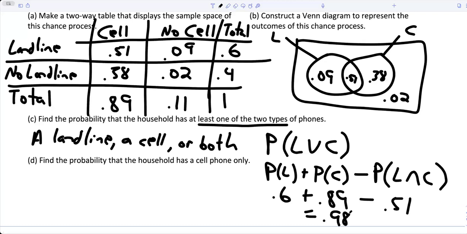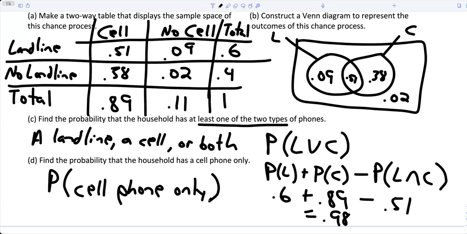It works. Find the probability that the household has a cell phone only. So I want the probability of only a cell phone. Let's write it in symbols.